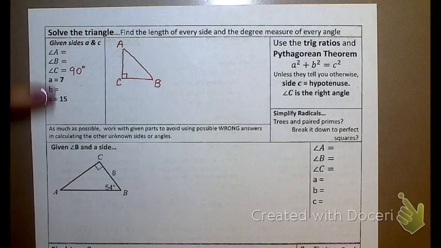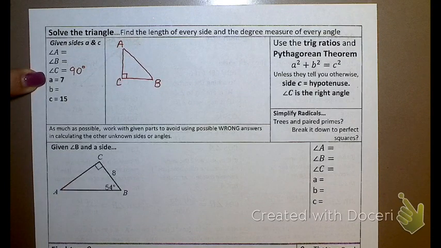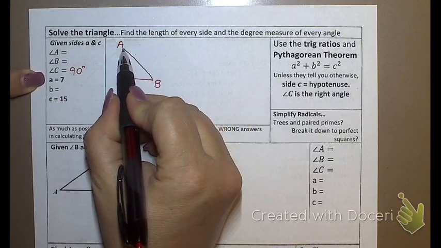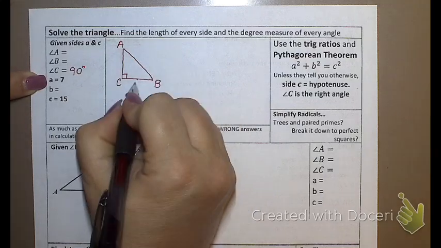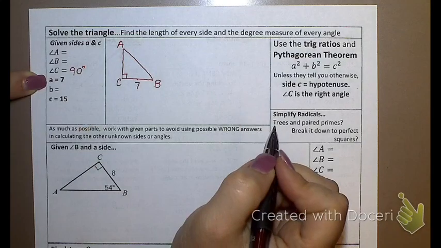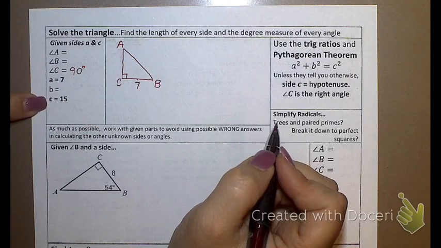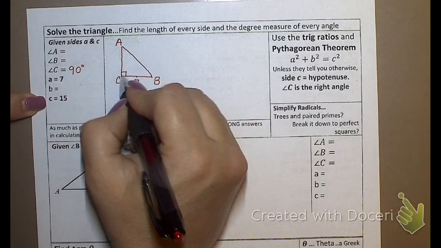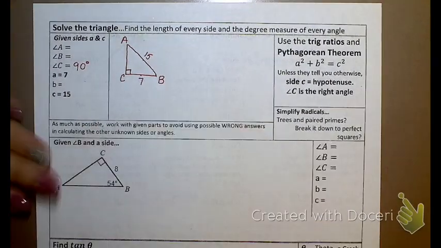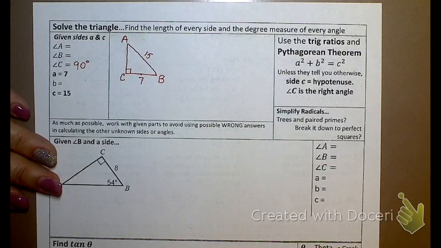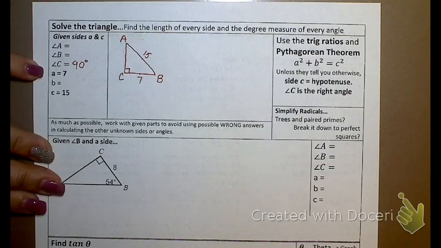And they're telling me little a is 7. Well, what side is little a? It's the side opposite big A. So that means this side right here is 7. Little c is 15. What side is that? That would be your hypotenuse. Okay? So let's say I wanted to find angle A first.